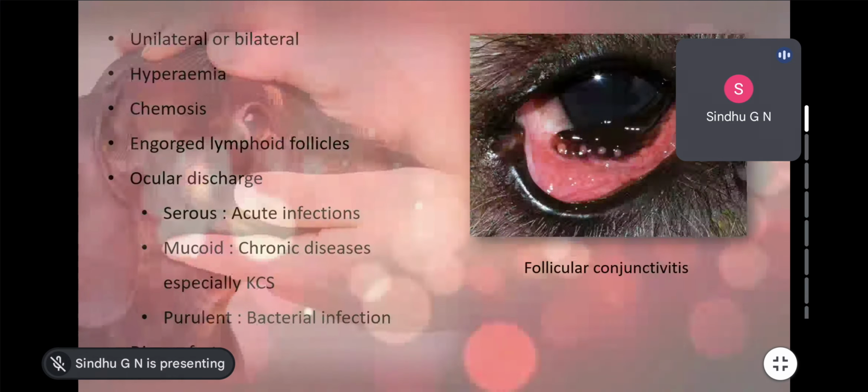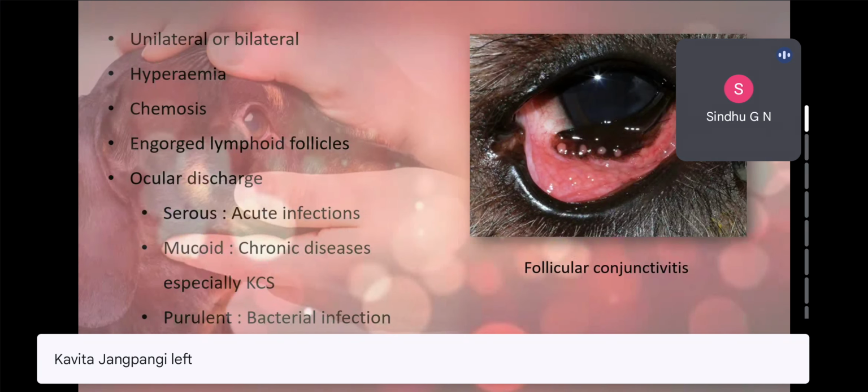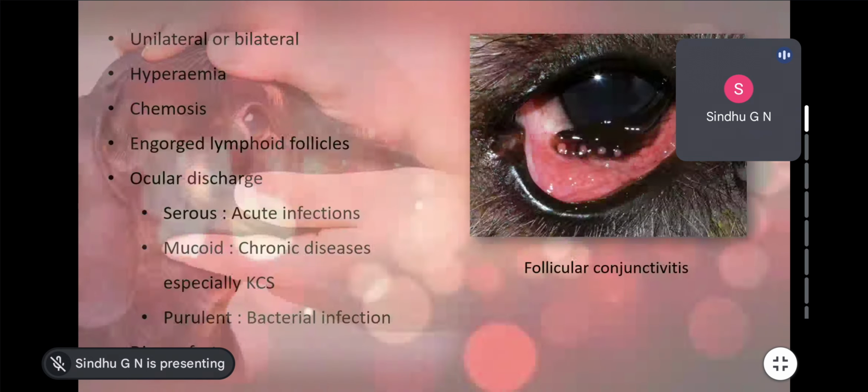Ocular discharge. It can be serous or watery discharge, especially in acute infections. Then mucoid discharge or thick sticky discharge in chronic diseases like dry eye or KCS, and purulent pus discharge in bacterial infections. And whatever the reason, there will be severe discomfort due to this inflammation.